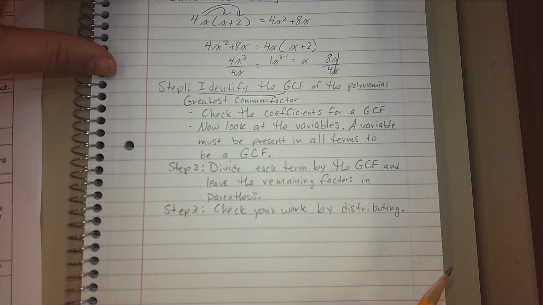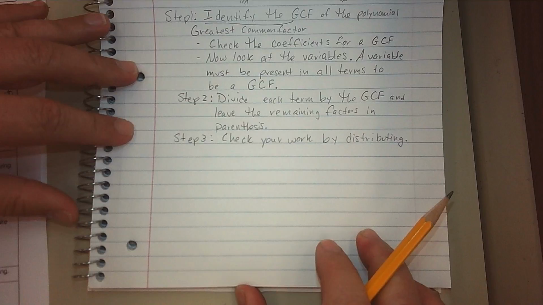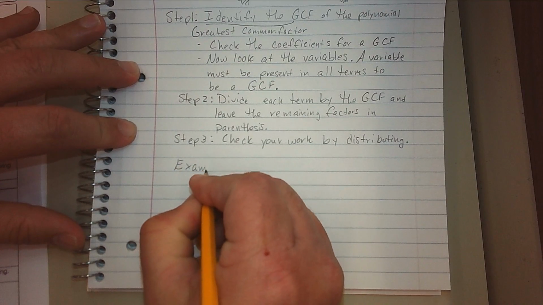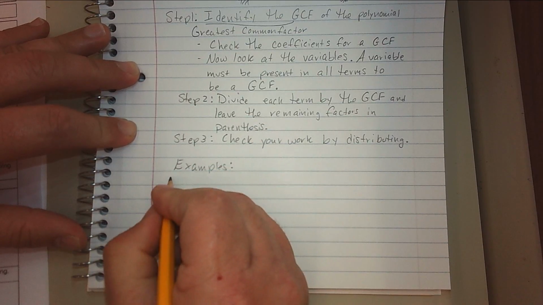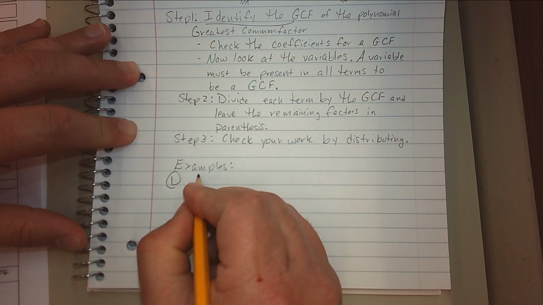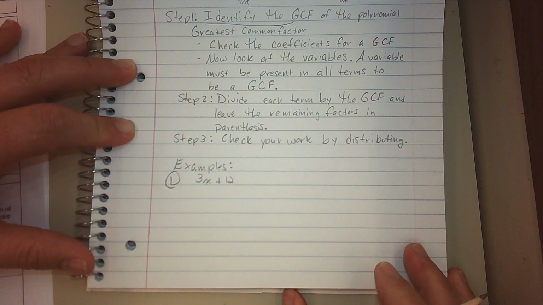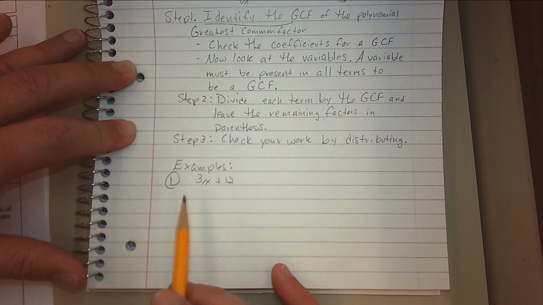All right, so let's look at some examples. The first example will be 3x plus 12. Step 1 tells us to check the coefficients.